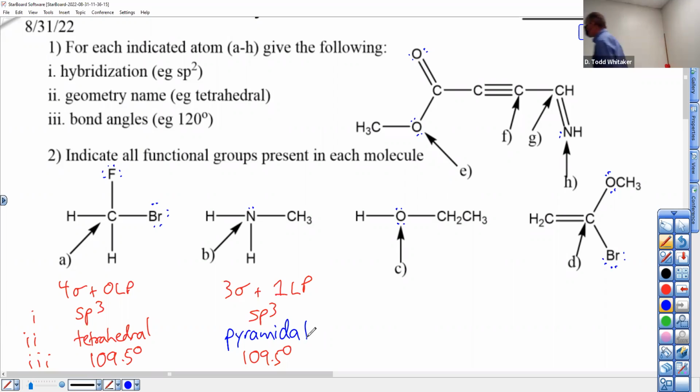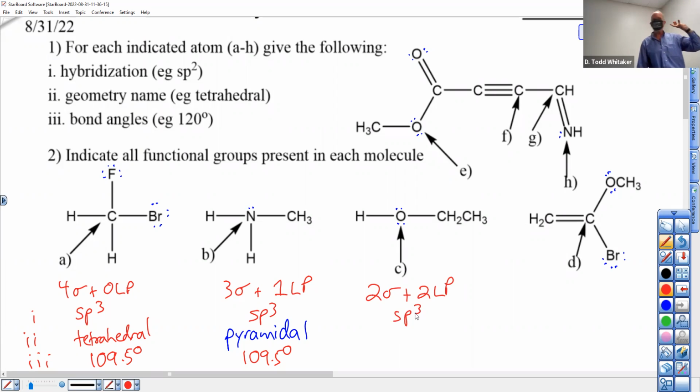Okay, what do we got for the next one? 2 sigmas, 2 lone pairs? This is over here, the 180 on that. Uh-oh. Now that would be for an sp hybrid, not for an sp3. I got 4 things right there: 2 sigmas, 2 lone pairs. That's 4 fingers. Oh, yeah. sp3 is your hybridization.